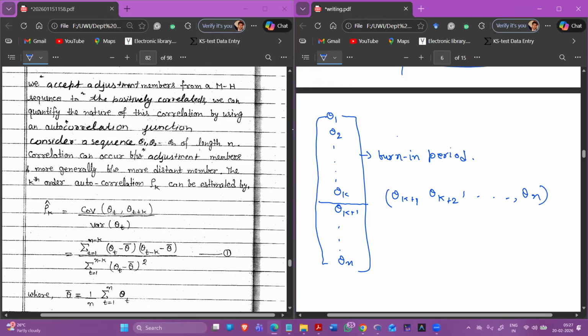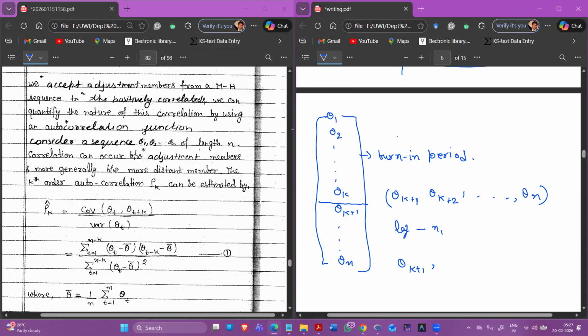After that, what I will do, I will take the lag, say n1. That means I will take the value theta k plus 1. After that, I will not take theta k plus 2.